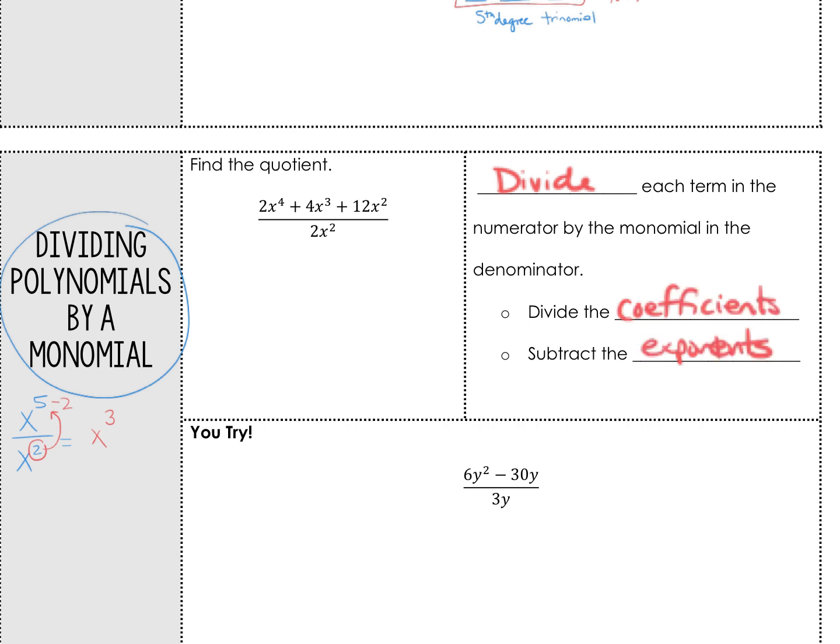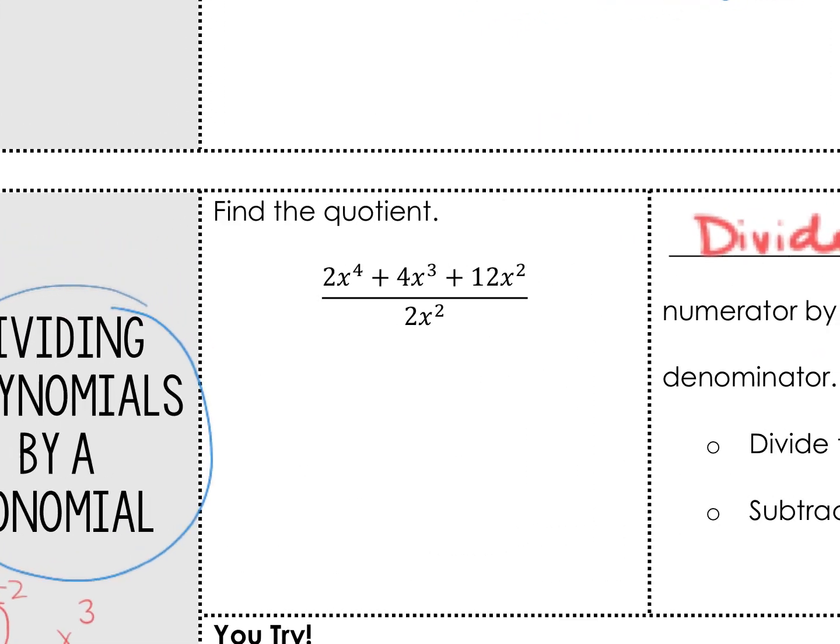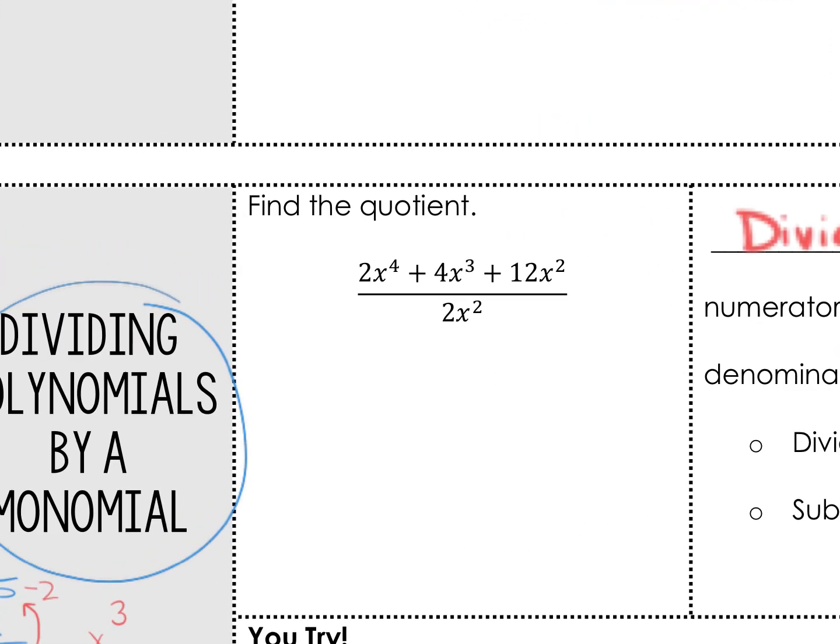Okay, so you can either do it the way it shows, or if you'd like, you can write it out in long form, like 2x to the 4th divided by 2x squared, 4x cubed divided by 2x squared, 12x squared divided by 2x squared. So we can write it out individually like that, and let's just do that for our first one.